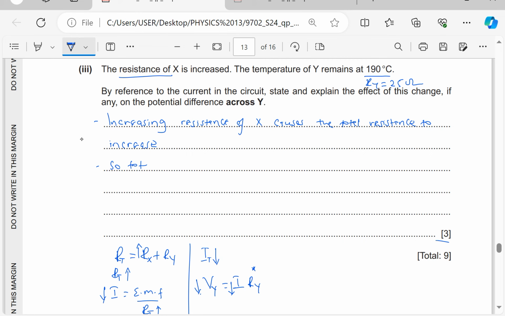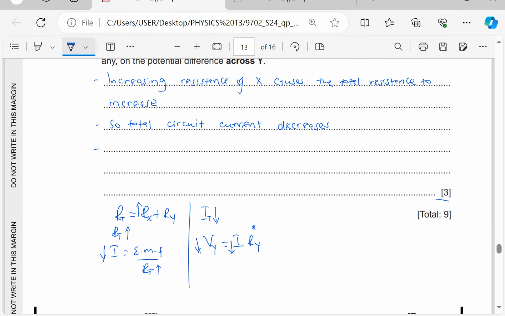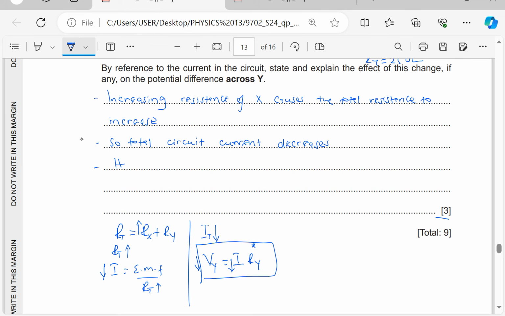And if the total circuit current decreases, remember I've just showed you that the PD across Y is equal to the current times the resistance of Y. Hence, the PD across Y decreases. As simple as that.